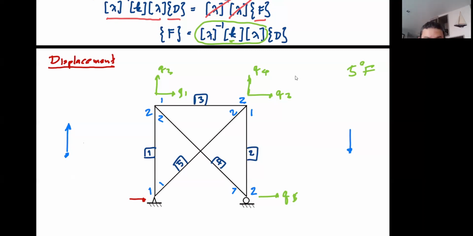If you apply the force to the support of the structure, what is going to happen? Like this. If I apply the force here, what's going to happen? Besides the reaction.